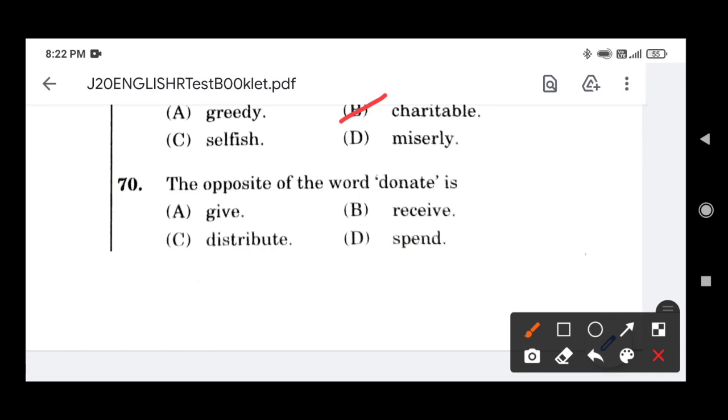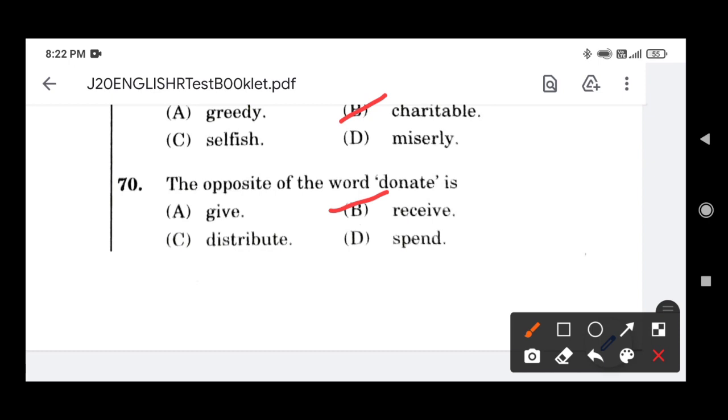The opposite of the word donate is, what is the opposite word of donate? The word is receiving. Yes, exactly. So the B option is right. So I need to tick mark the B option.